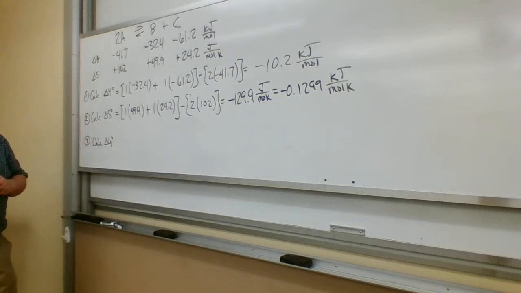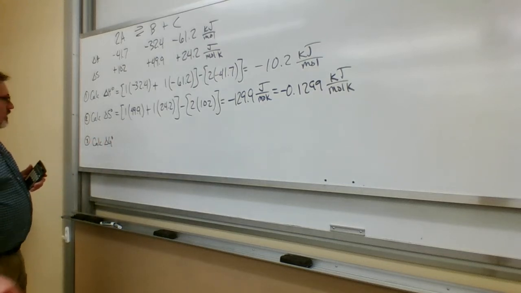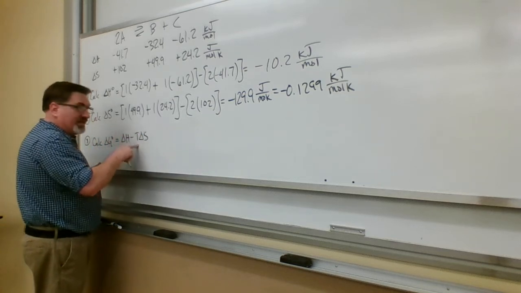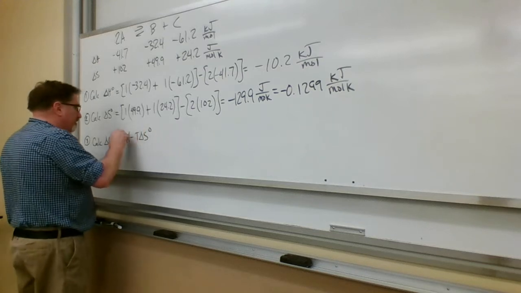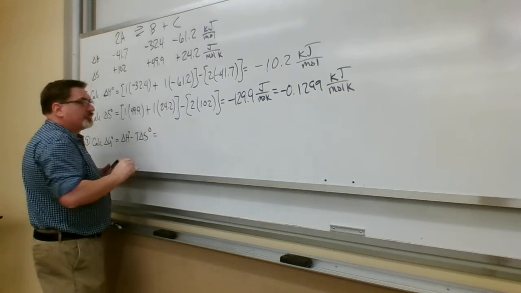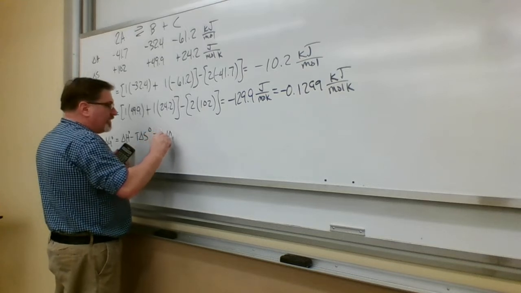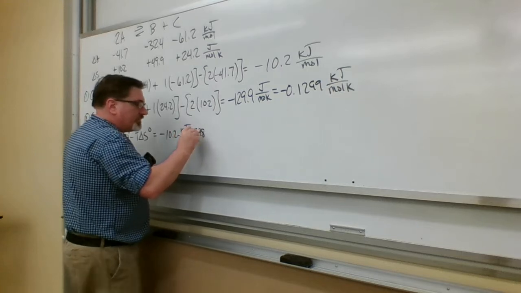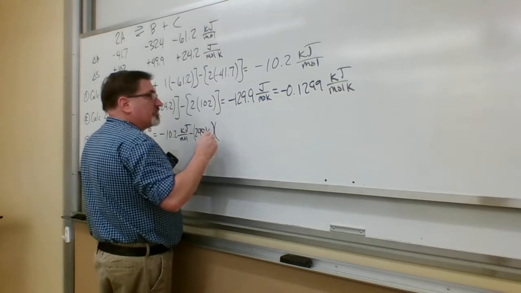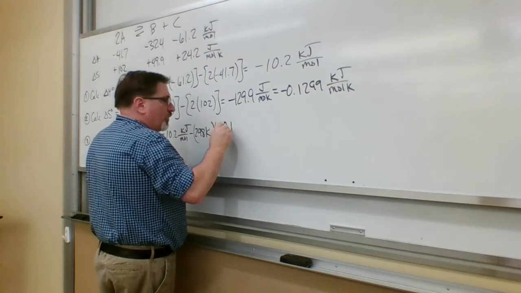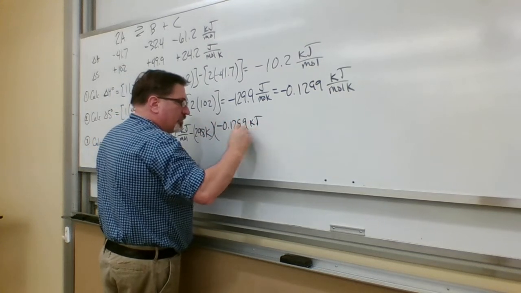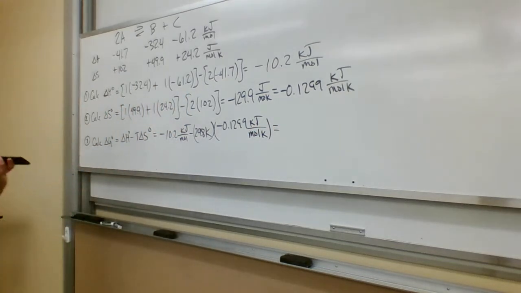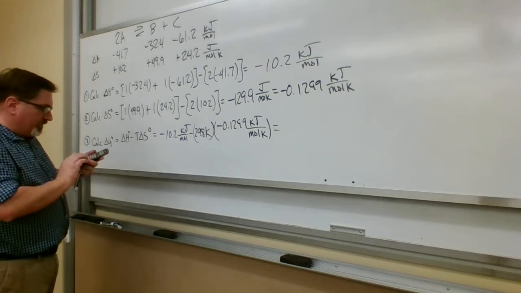Then calculate delta G at standard conditions. Delta G is delta H minus T delta S. T is 298 at standard conditions, right? So we have everything we need. So we have minus 10.2 kilojoules per mole minus 298 K times minus 0.1299 kilojoules per mole Kelvin. And we run that through. 10.2, flip the sign.